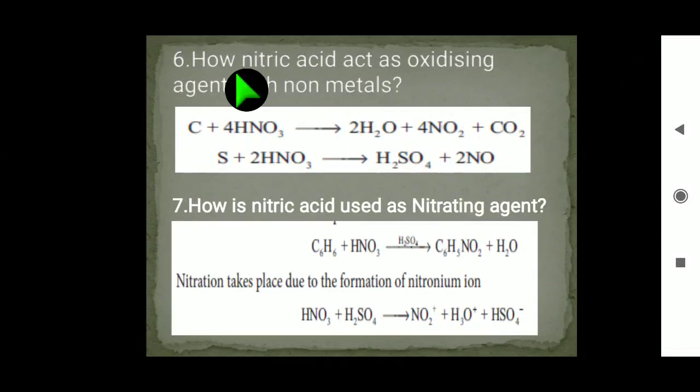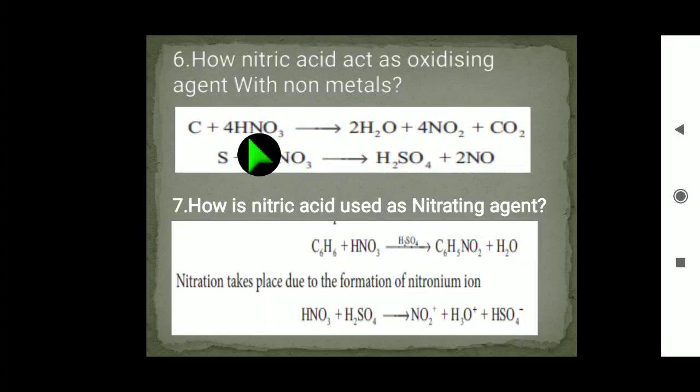Question number 6 regarding nitric acid. How does nitric acid act as an oxidizing agent with a non-metal? So non-metals, what are they? Carbon and sulfur. Here carbon and sulfur both we can use. When carbon reacts with nitric acid, it gives carbon dioxide, so oxidation, and the nitric acid reduces itself.